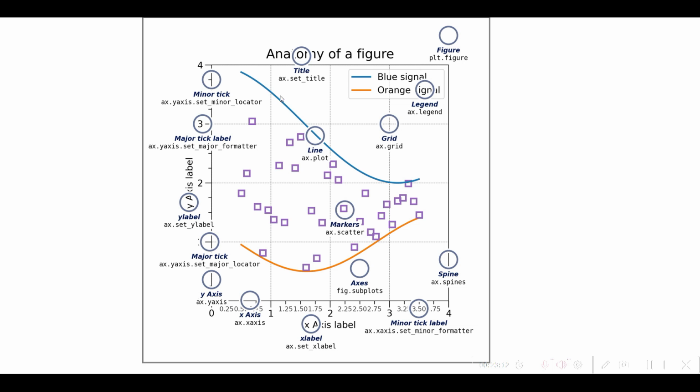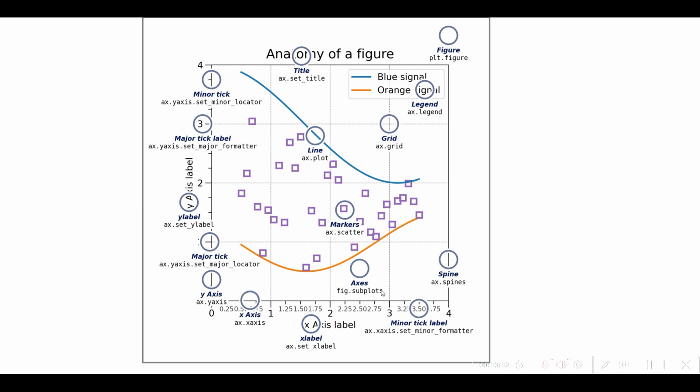Then this will be 0 1, which is row 0 column 0, row 0 column 1, then row 1 column 0, row 1 column 1. So you split your figure into 4 different coordinates, right? Using fig.subplots you can do that.